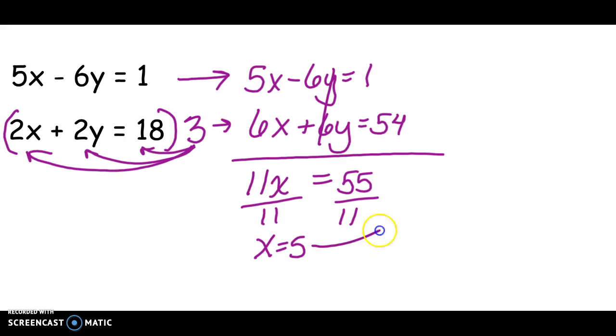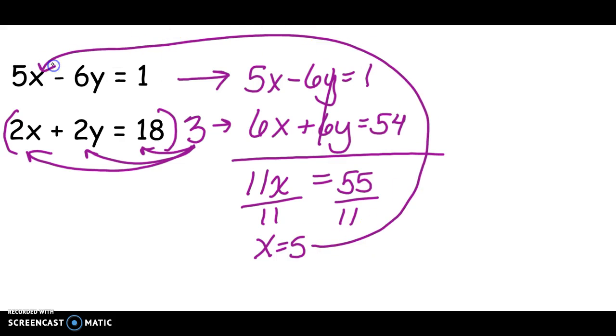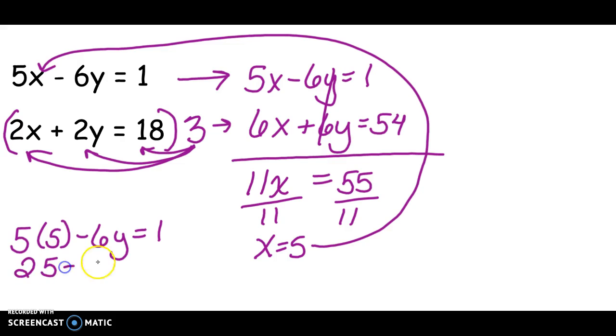Take x, plug it into one of the original equations. I get 5 times 5 minus 6y equals 1. 25 minus 6y equals 1.